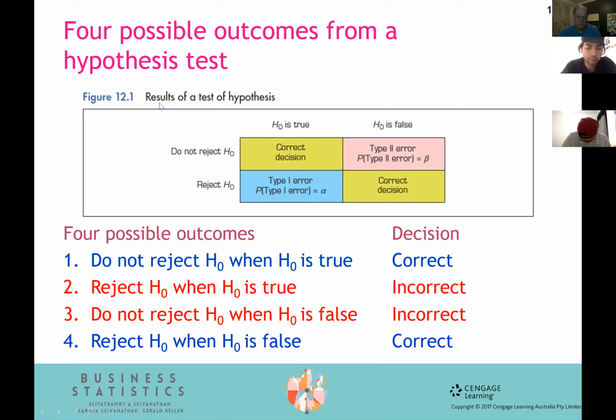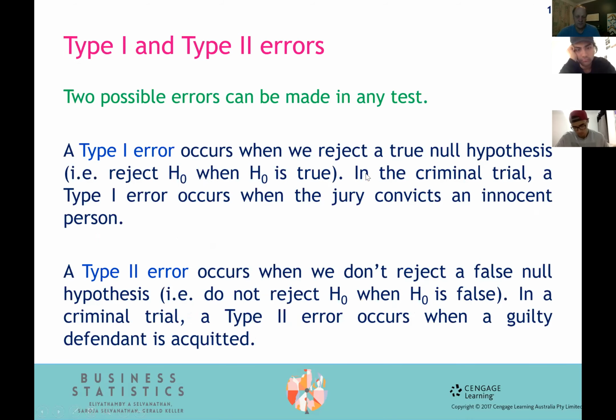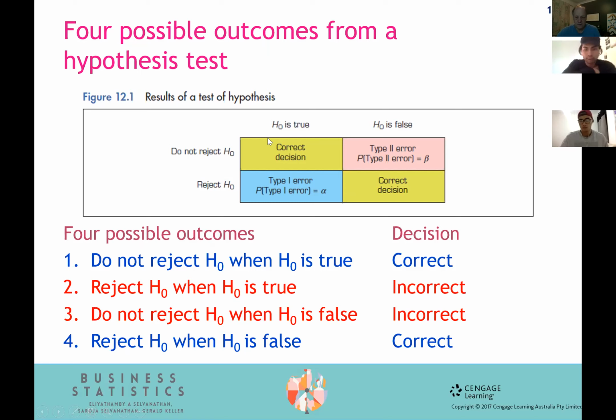I want you to make sure that you know this picture. Find memory hooks for how you can remember this very clearly: there are two types of errors, and two situations where it can be correct.